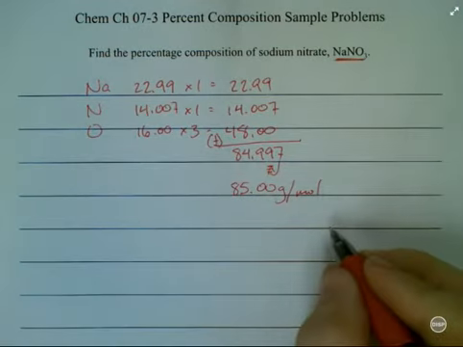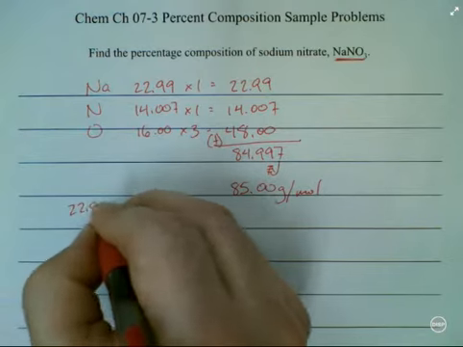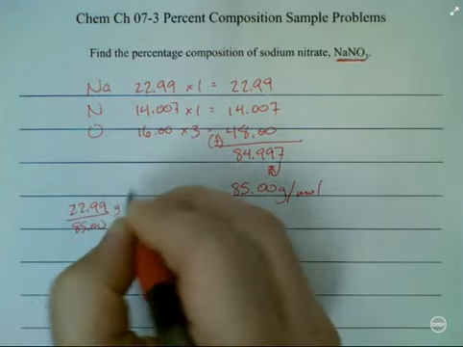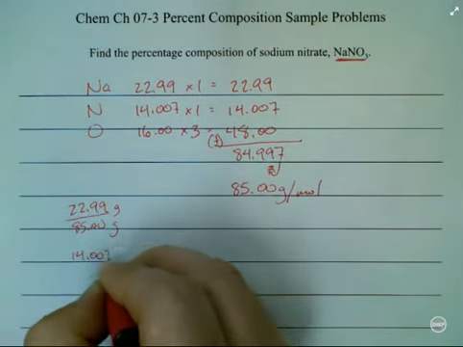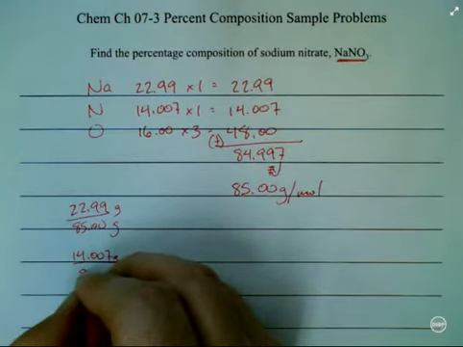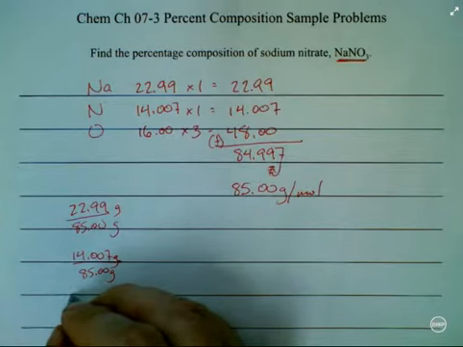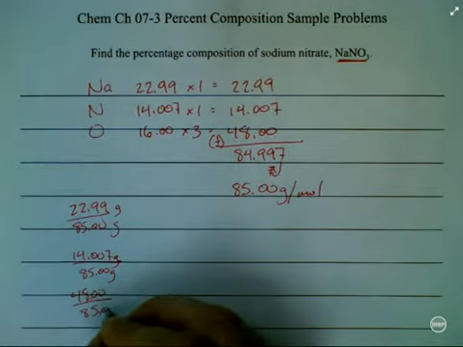All right, so I'll set up 3 more calculations. I'll go 22.99 divided by 85.00. Both of those are in grams. I'll set up 14.007 grams divided by 85.00 grams. And then lastly, I'll set up 48.00 divided by 85.00.